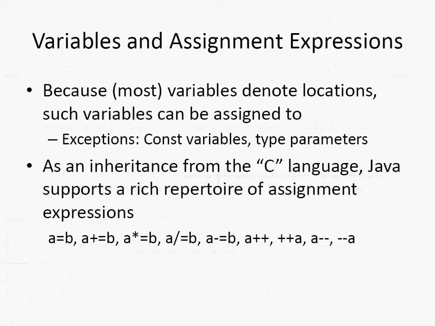So maybe B has value 3.1415, and if A equals B, now A gets 3.1415 in it, okay? Or maybe B is pointing to John. It's pointing to John, and now A is going to point to John as well. They're both referring to John. You can refer to an object, sort of like an agent. John. Okay, they're both referring to John.